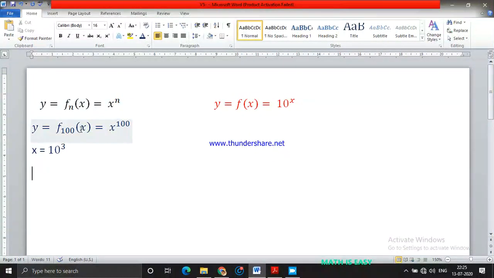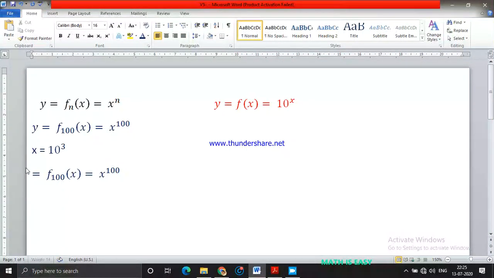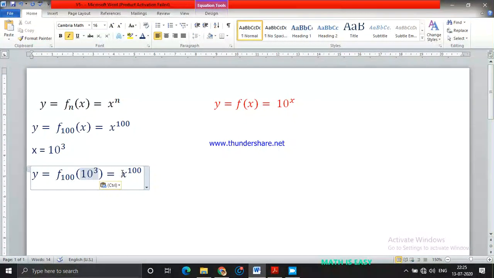Now if I substitute x value in this equation, y equals x, where x is 10 cube, so it becomes 10 cube whole to the power 100.